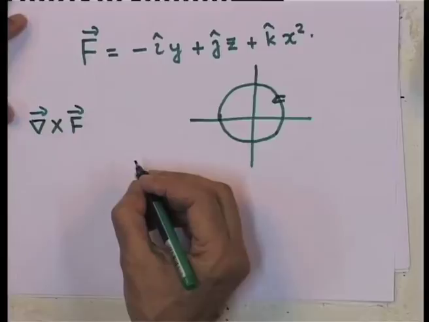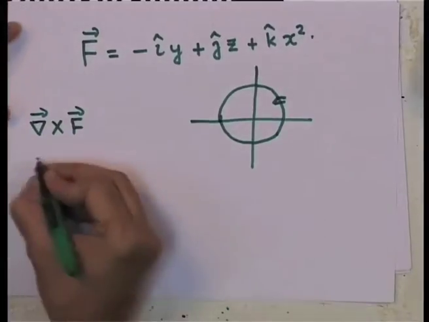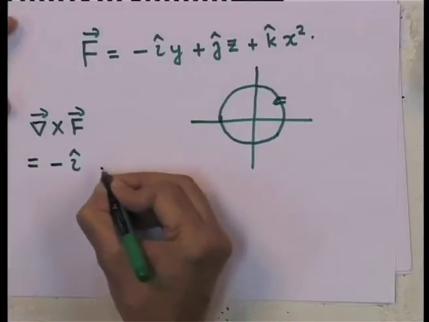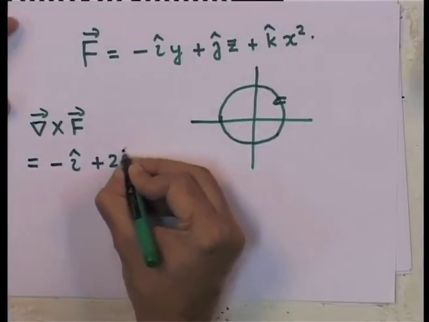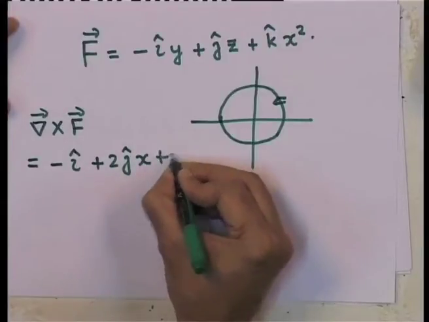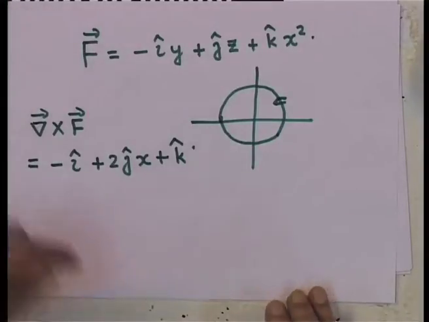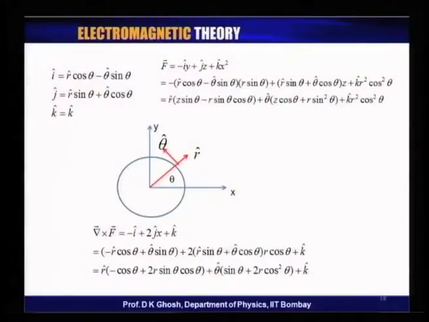Since I have an explicit expression for it, you can check that the curl of this expression happens to be minus i plus 2 j x plus k. Now, the calculation is shown here. I calculate this in the same parametrized form that I talked about earlier. This is just a little bit of involved algebra, but there is nothing in it.